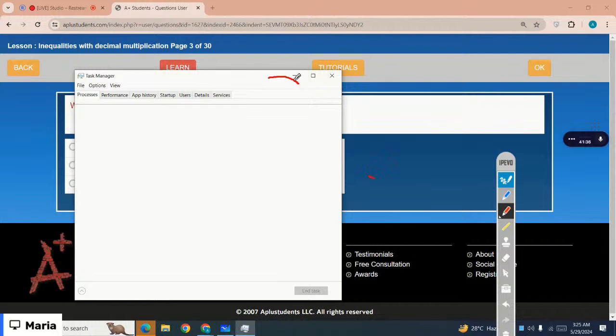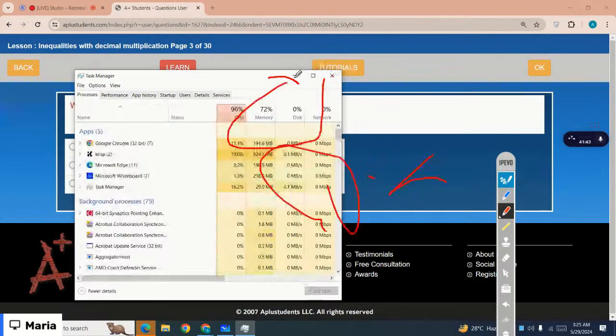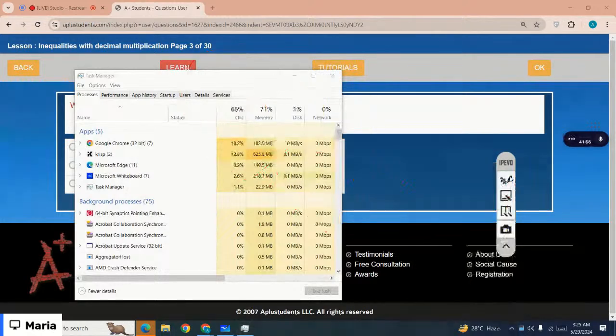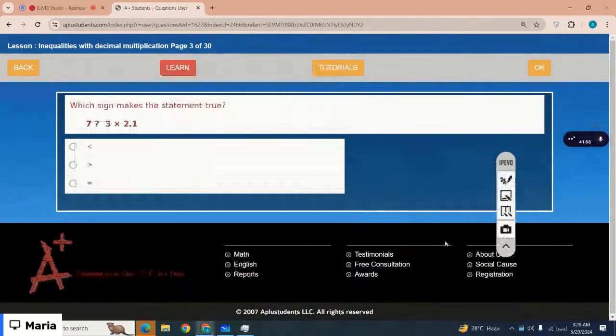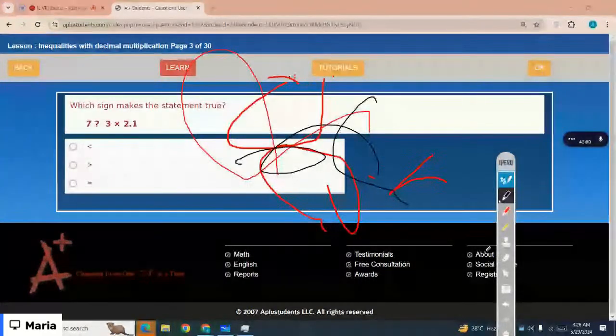The next one is... Okay, so 3 times 2.1 is 6.3.